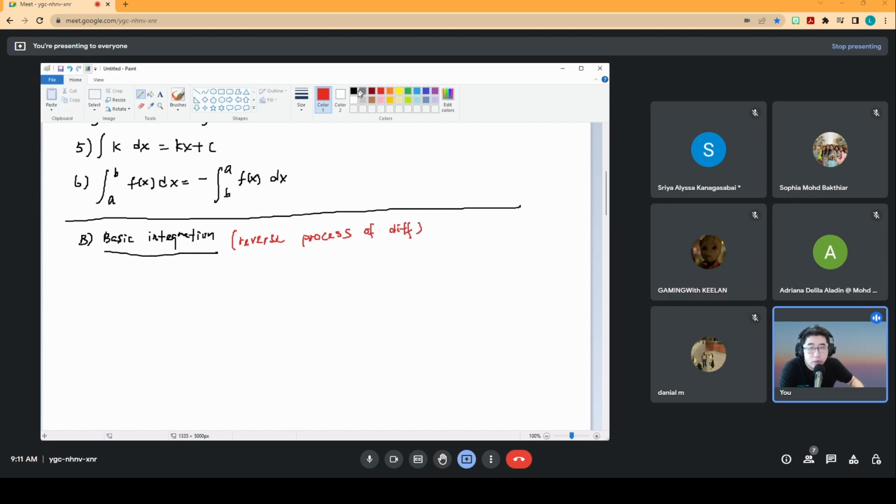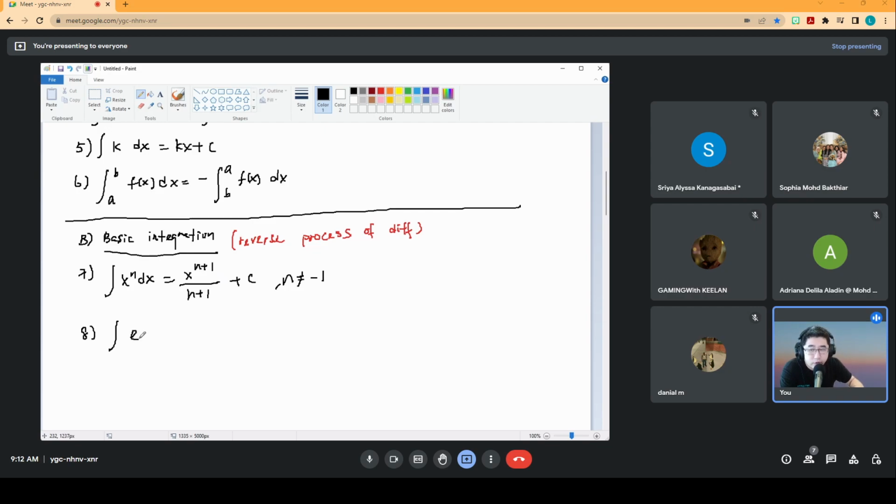For example, in differentiation, for x to the power n, we bring down the power and minus by 1. Therefore, over here, we will have x to the power n plus 1 divided by the new power, plus c. But here n cannot equal minus 1, because the n plus 1 at the bottom will go to 0, hence it becomes undefined.